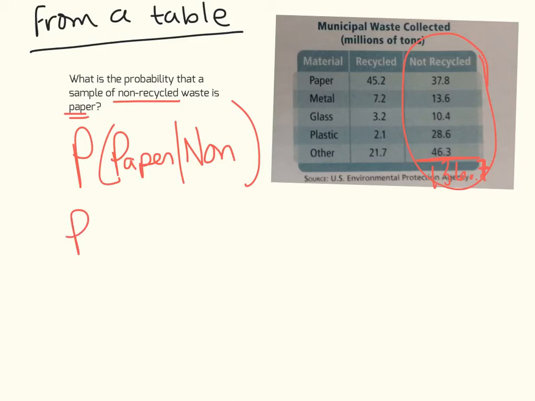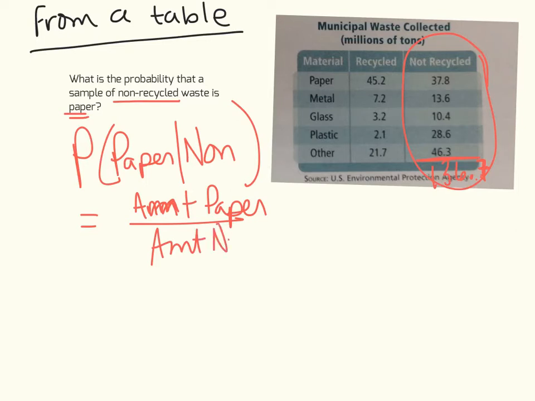So the probability that it's paper given that it's not recycled is just going to be equal to the amount of paper over the amount of non-recycled.